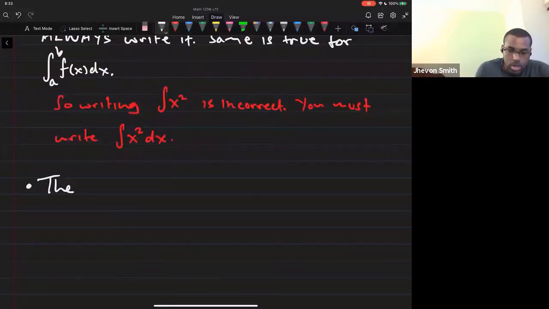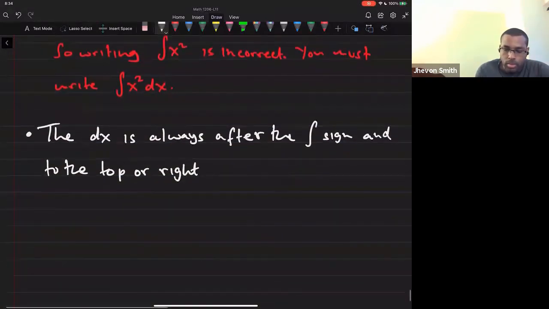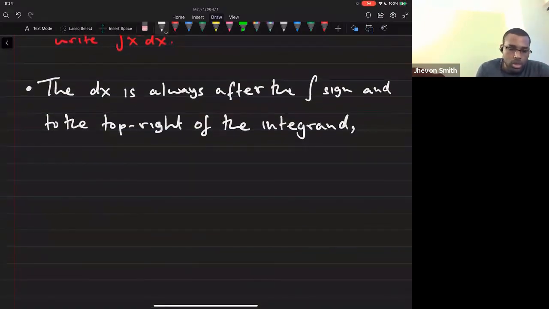The dx is always after the integral sign and to the top right of the integrand, right? Always.